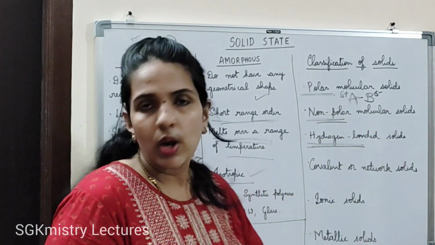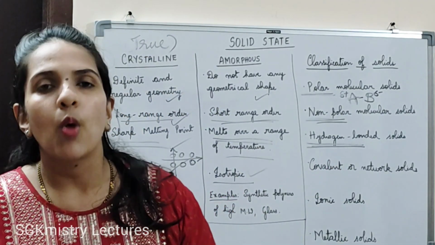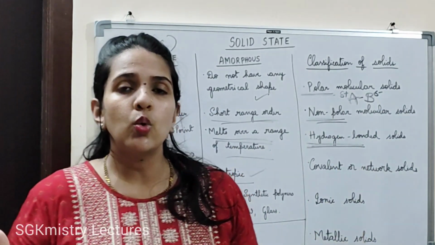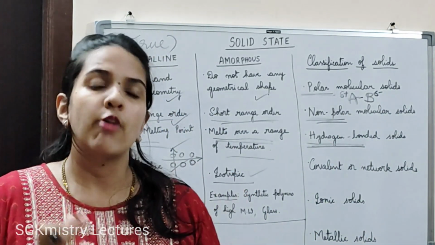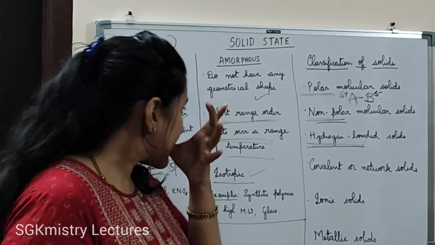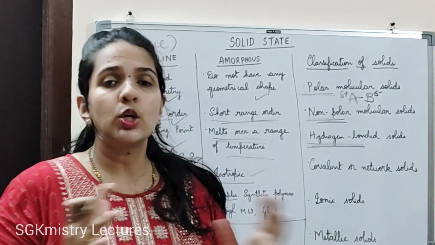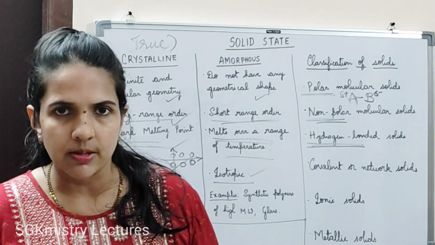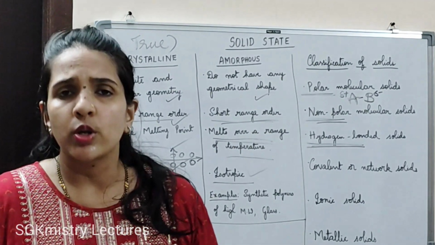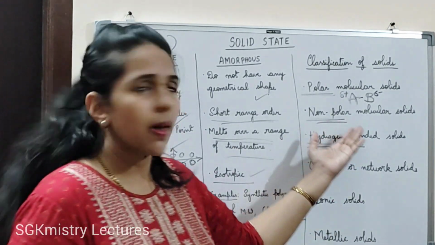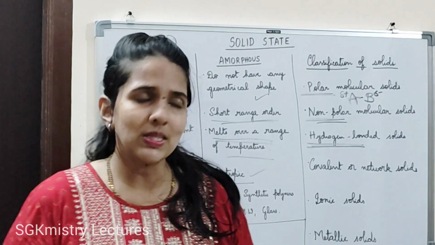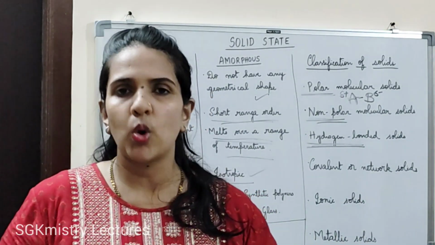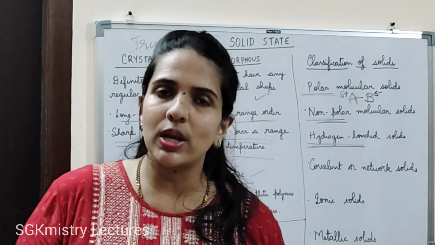Next, coming on to non-polar molecular solids or non-polar molecules. In case of polar molecules, the two atoms in a molecule have different electronegativities, whereas in non-polar molecules, the two atoms forming the molecule have almost equal electronegativities. The easiest example to remember is H2, where both are hydrogen atoms with equal electronegativities.